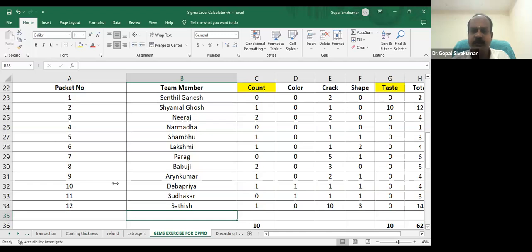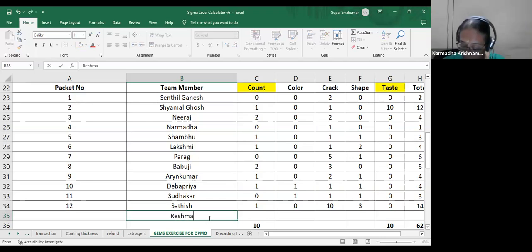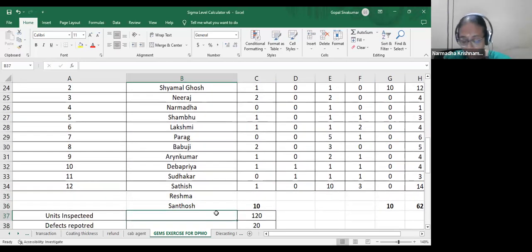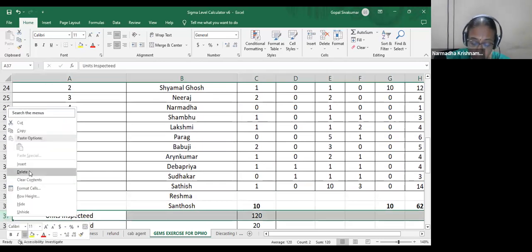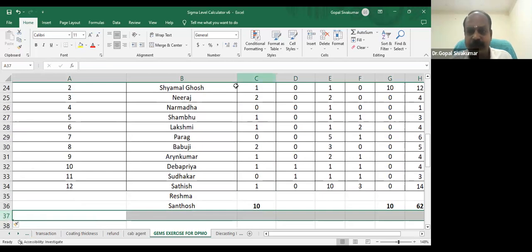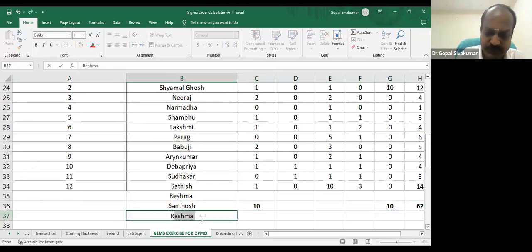But okay, I do have Reshma, Santosh. Okay, so I think I have picked up all your names. Anyone I have missed? I think Santosh also, Rohit I just have to add. So I think we'll go with these 15 quality inspectors.